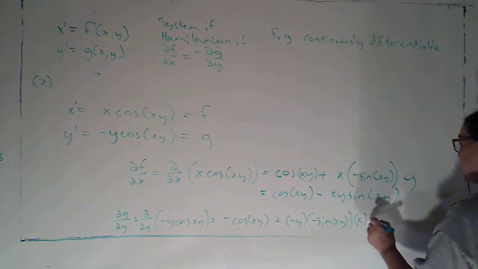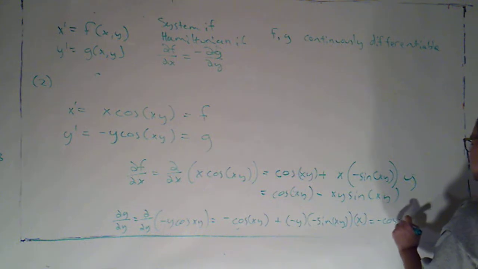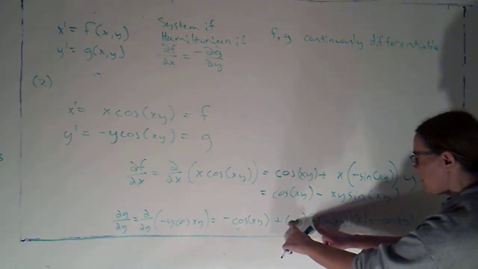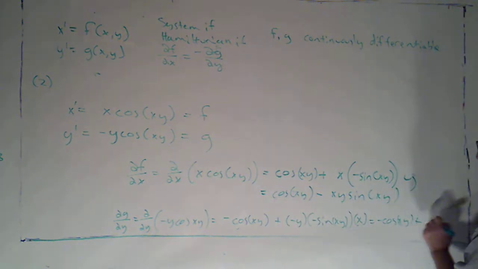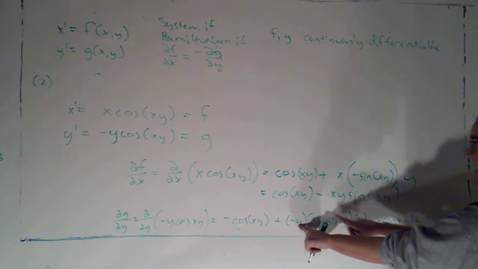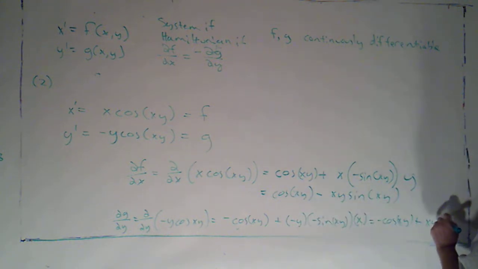Okay, so I've got negative cosine of xy. These two negatives will combine to make it a plus, and then I'm just going to put that x up at the front, so plus xy times sine of xy.